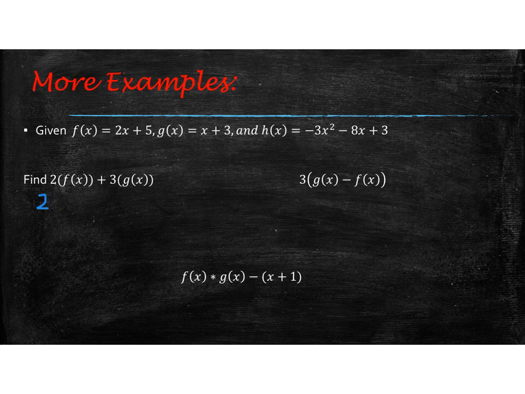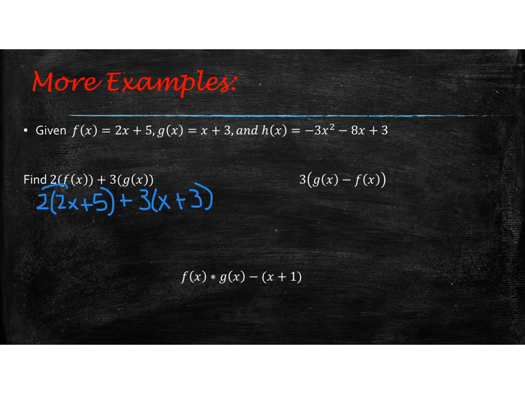So we have 2 times 2x plus 5 plus 3 times x plus 3. And now you're going to just distribute and simplify.